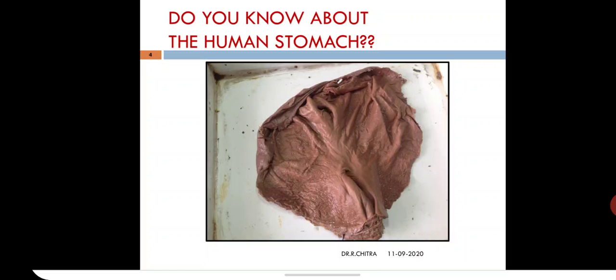This is the interior of the stomach. When you cut through the stomach, you will see it like this, presenting longitudinal folds called rugae. The muscle you can feel when you cut through the stomach is the smooth muscle musculature of the stomach, which helps in digestion. The gastric juice contains hydrochloric acid.